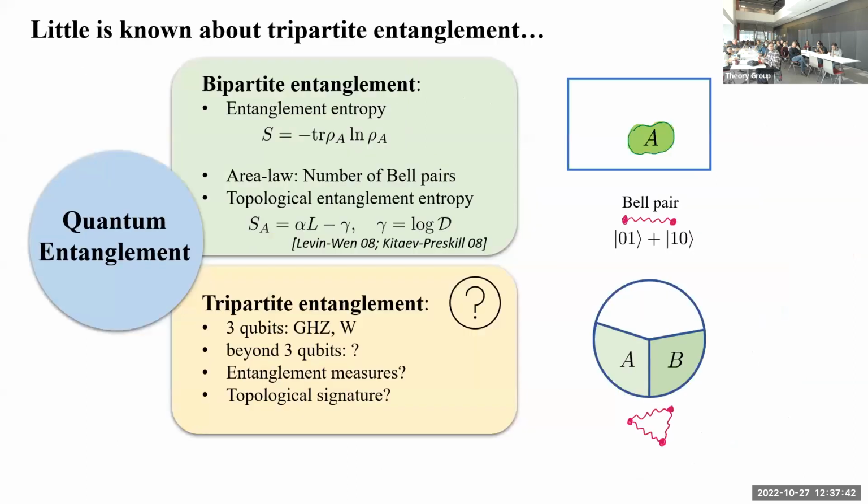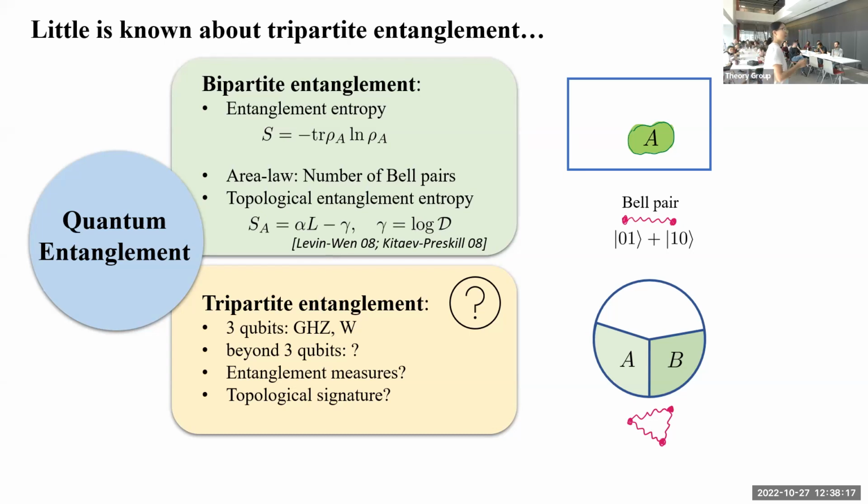However, little is actually known about tripartite entanglement. As a comparison, when we talk about bipartite entanglement, we usually use the definition of the von Neumann entanglement entropy, and the area law piece in the von Neumann entanglement entropy is roughly counting the number of Bell pairs crossing the entanglement boundary.